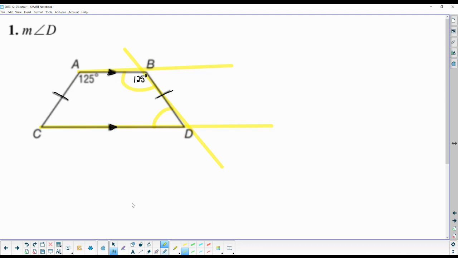Consecutive interior angles are supplementary, which means I can just take 180 minus this 125 to find this missing angle right here. 180 minus 125, let's see here, 55, I believe. So this would be 55 degrees, if I did my math right.